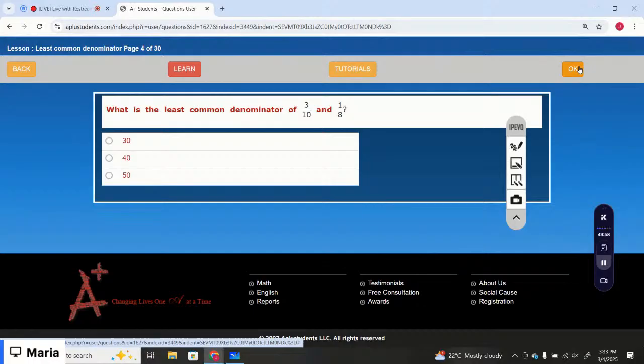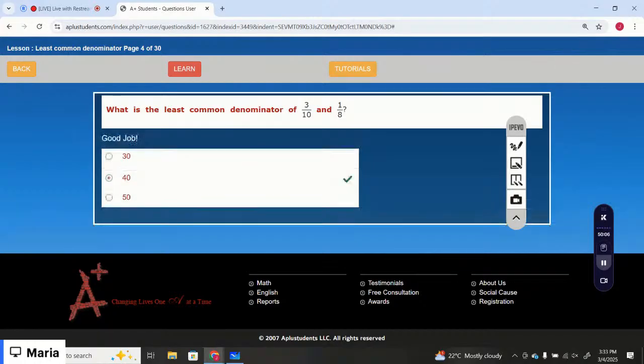That is 40. How 40? You do not have 30 in the table of 8. 8 times 5 is 40, 40 it is.